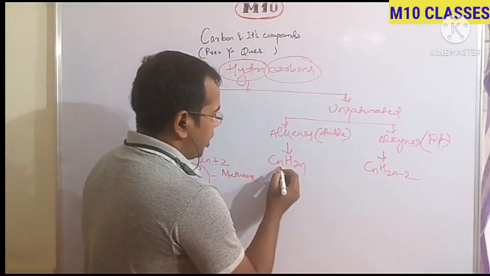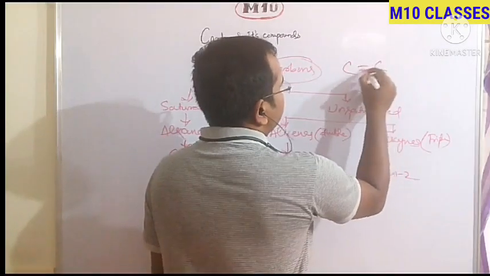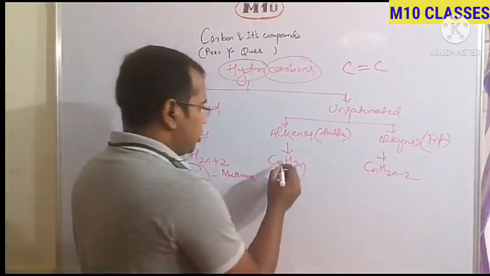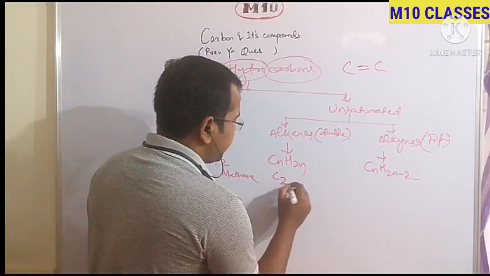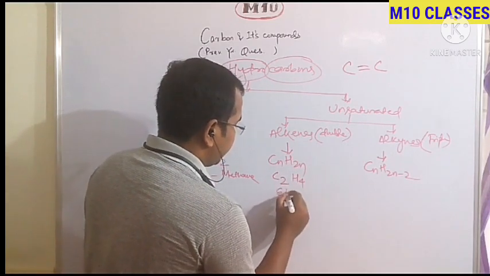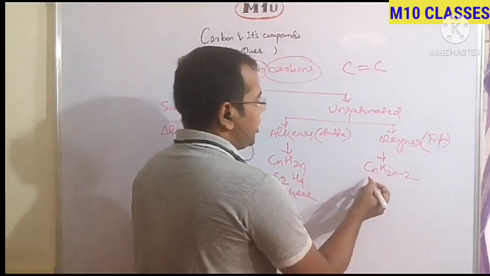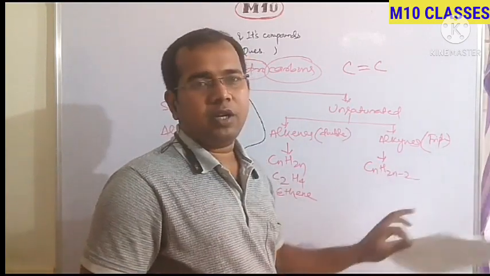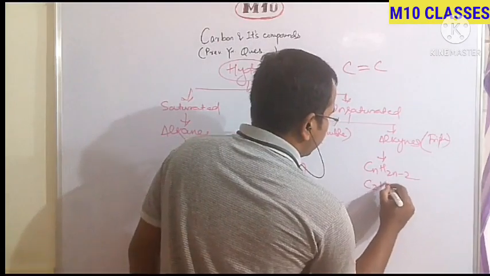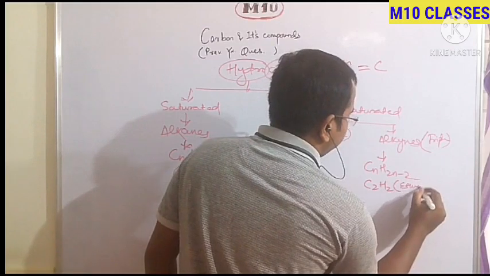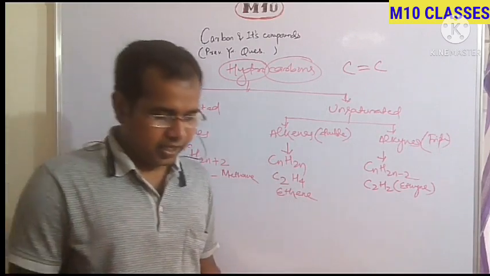For alkene, a double bond is only possible if there are two carbons, so n must be 2. The first member would be C2H4, which is ethene. For alkyne, again you cannot have a triple bond with a single atom. You need 2 carbon atoms. So if you put 2 here, you will get C2H2, which is ethyne. These are the first members of each homologous series of alkane, alkene and alkyne.